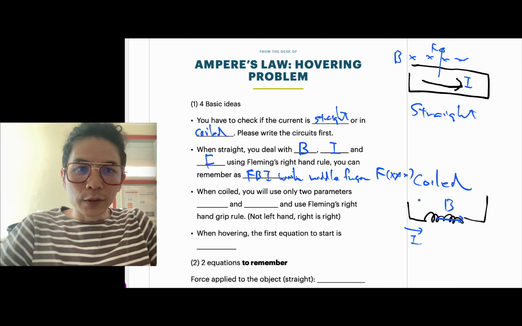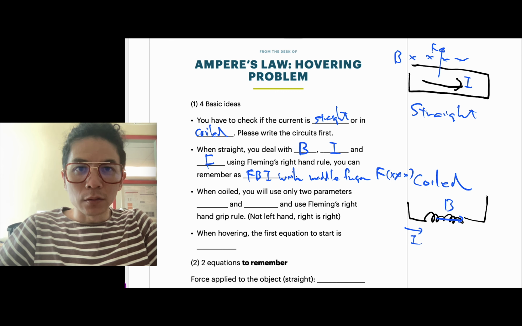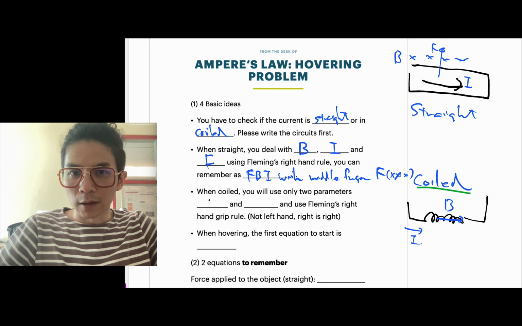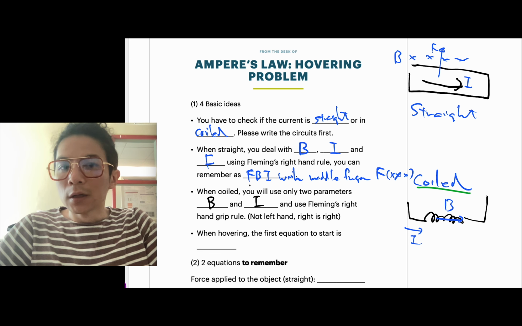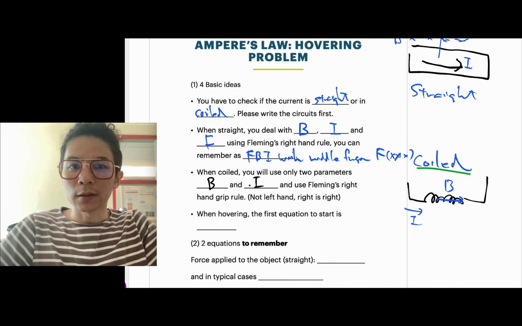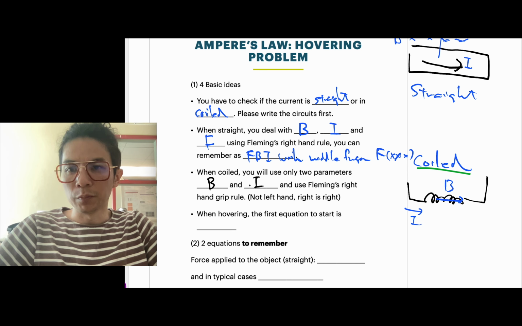And when you deal with the coiled problem, you are only dealing with two parameters, which are B and I. In this case you don't deal with the force, so the problem is relatively simpler. You also want to use Fleming's right hand rule, but here you call it Fleming's right hand grip rule.